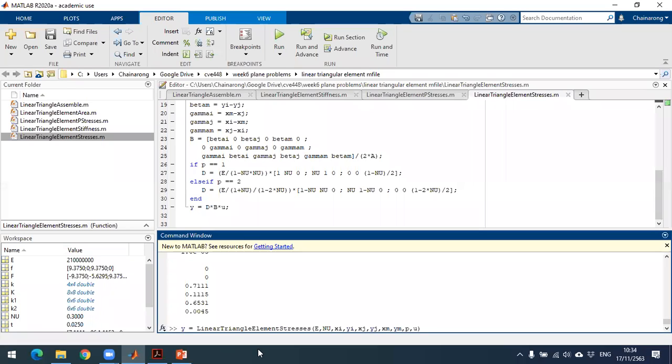The stress is sigma 1. The stress in element number 1, we may define like that, sigma 1. E, mu, and xi for element number 1 is 0. yj is 0.5.